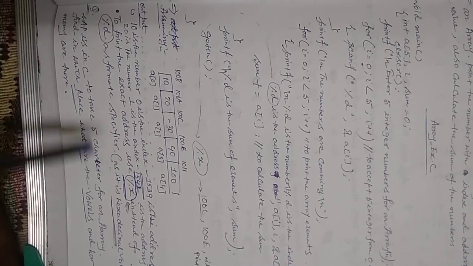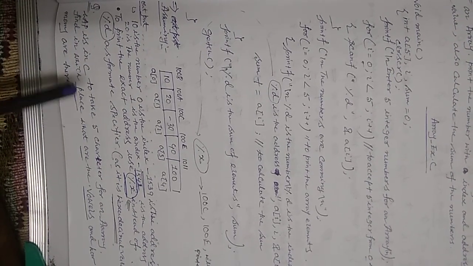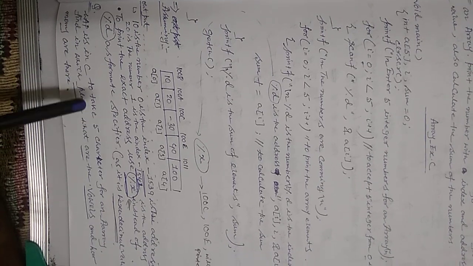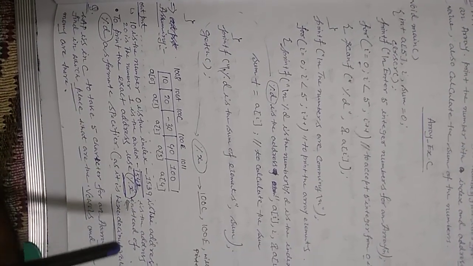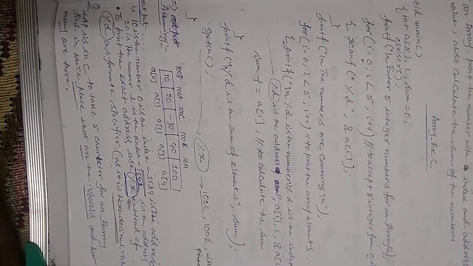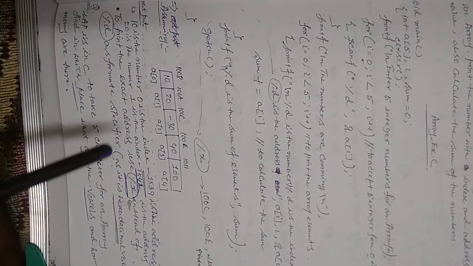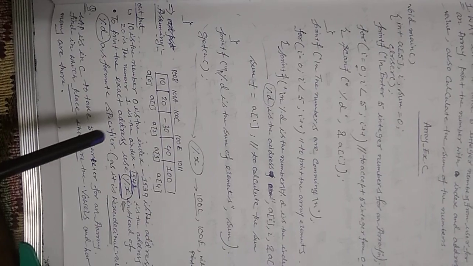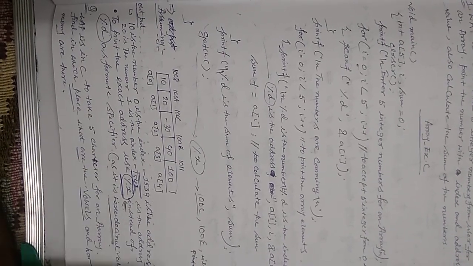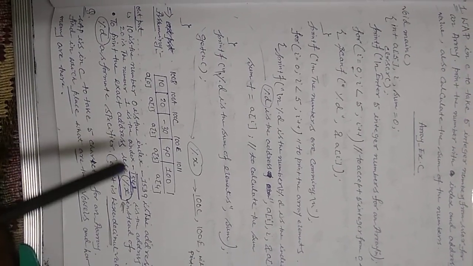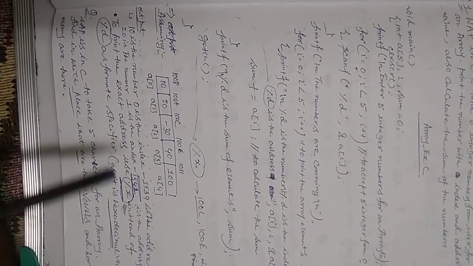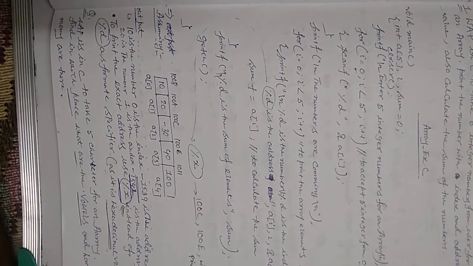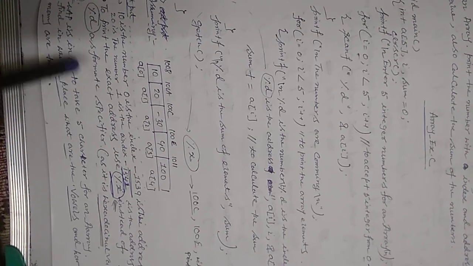Within the loop we will place a simple condition: if a[i] equals to character constant 'a', or a[i] equals to character constant 'e', and so on for all the vowels. If the condition matches, then we will print the elements and increment the vowel counter, and after that we can print the total number of vowels available in this particular array.